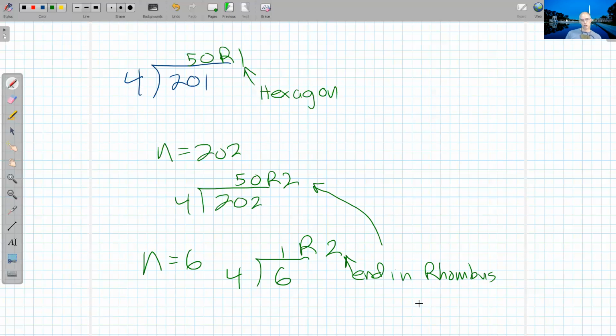There's a pattern within a pattern here, which gets kind of tricky to describe. But if we play around enough, we can figure it out.